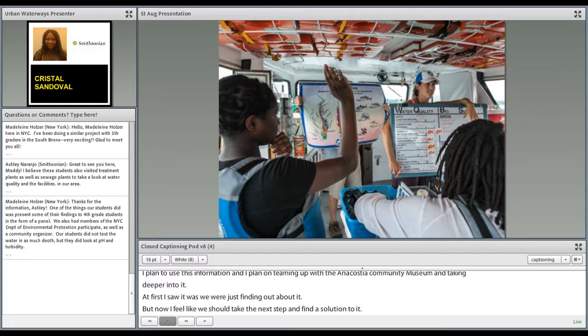And we will be in collaboration also with the Baltimore Parks and People organization to do similar type testing in watersheds in 2 different urban areas.